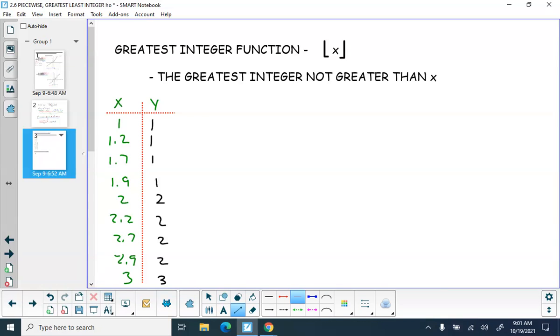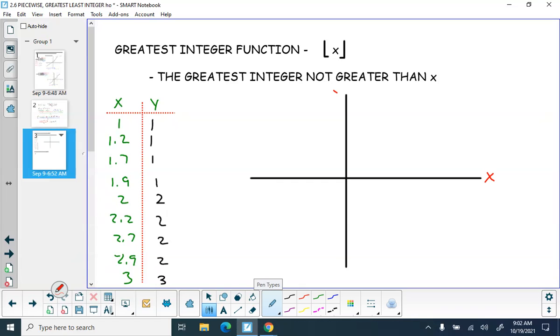Well, if we take a look at our graph, I start plotting points.